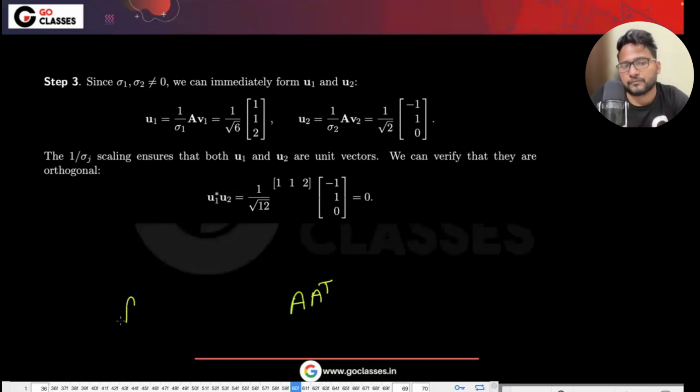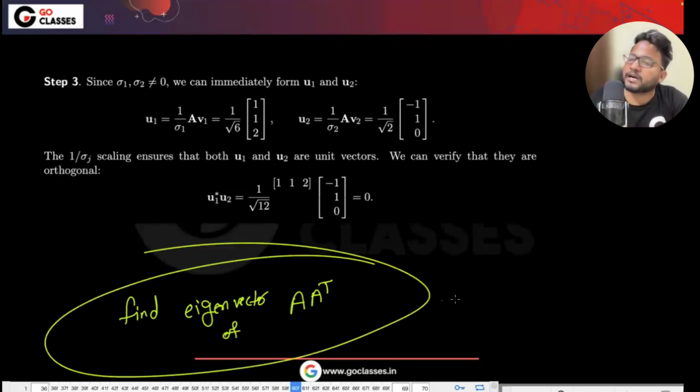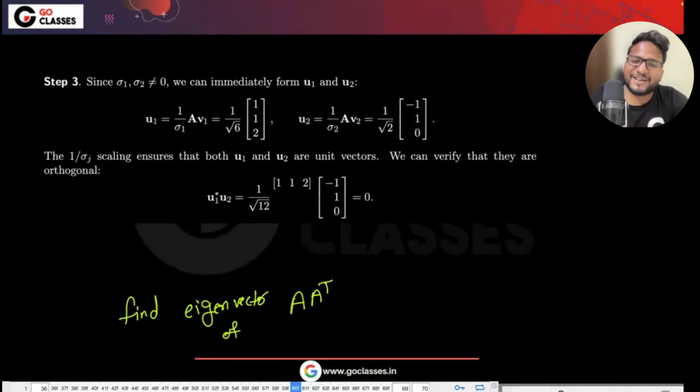If nothing else comes to mind, just find the eigenvector of A transpose, and it will be done. It's not an issue. Understood? We can see other ways if you want to calculate this U3. I think it won't be required for our purpose most probably. I just wanted to let you know that U1 and U2 are there, but we can see it optionally.